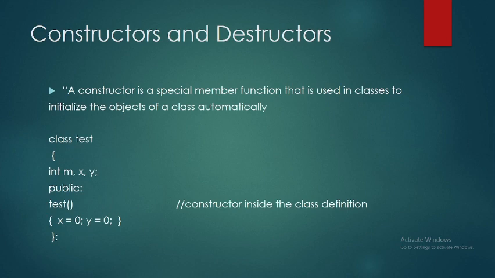The syntax for a constructor here is, remember, the constructor name should be the same as the class name. Within the class, after you declare public, you should put the constructor name, and then you can give any arguments within the constructor and mention the data.